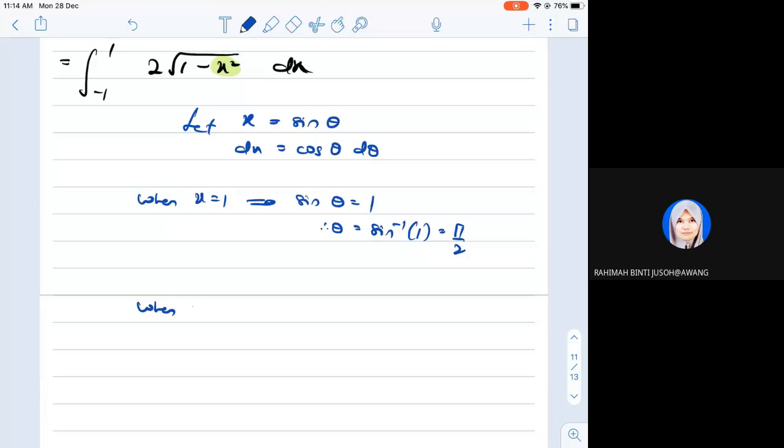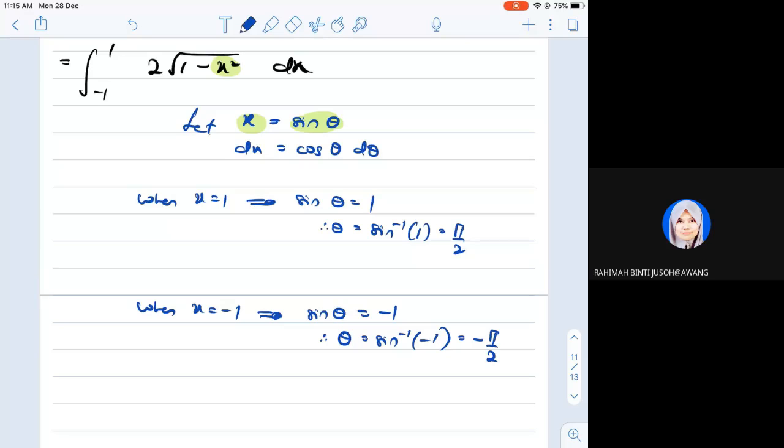Okay, and then when x equals to negative 1, so sine theta should be negative 1 also lah. Okay, sebab ni x equals to sine theta. So if x equals to negative 1, of course sin theta pun akan jadi negative 1. And then let's say we find theta, it should be arcsine of negative 1. Okay, so arcsine of negative 1 is equivalent to negative pi over 2. Or you can have 3 pi over 2, it's up to you lah.